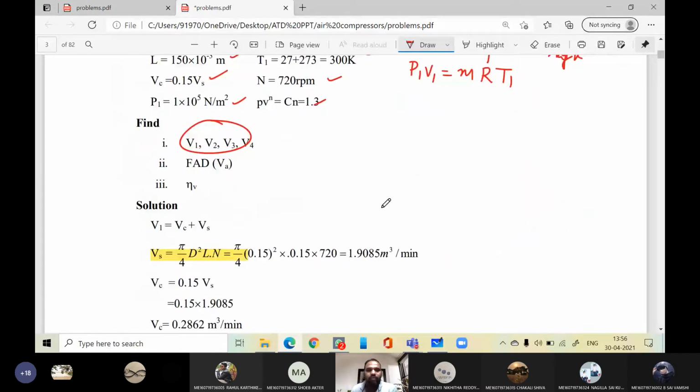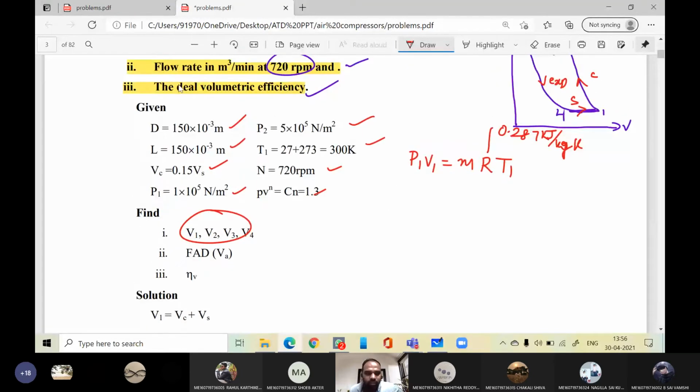Or V1 can be calculated since he has given bore and stroke. The diameter is given, the stroke length is given. So how to calculate swept volume? Vs is equal to pi by 4 d square into L. This gives meter cube per revolution, and if you multiply with N, you get meter cube per minute.